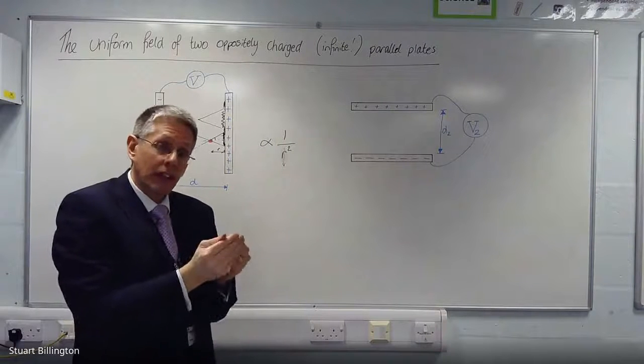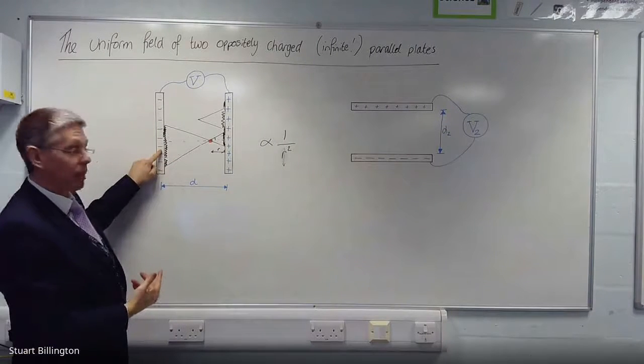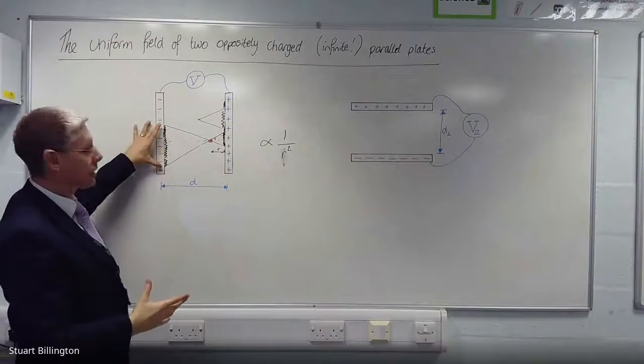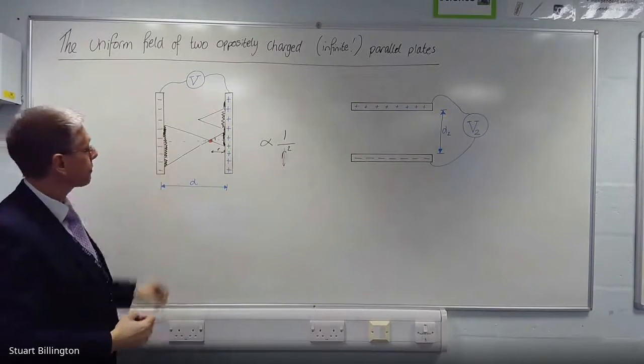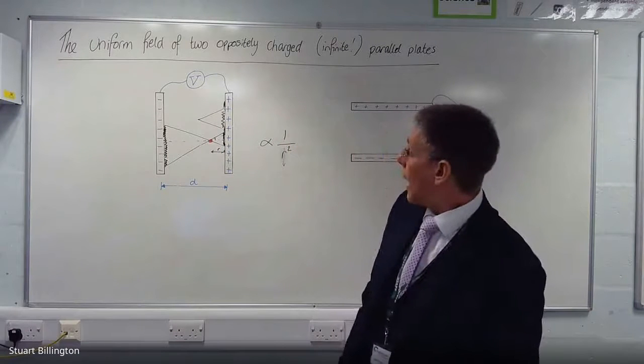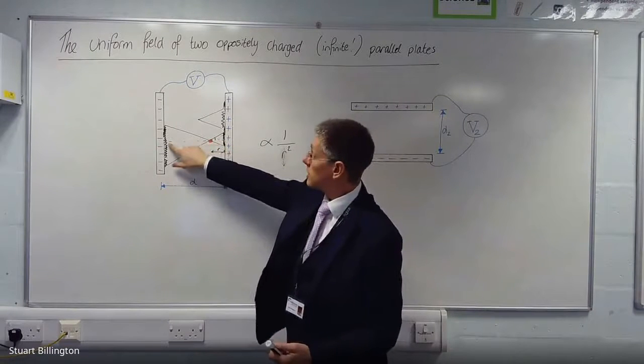So even though you're very close, it's a very small force overall. And if you're very far away from the plate, even though the force has gone down because of distance, it's gone up because of the amount of charge per angle. Which means that the force here is the same as the force here, which is the same as the force here.